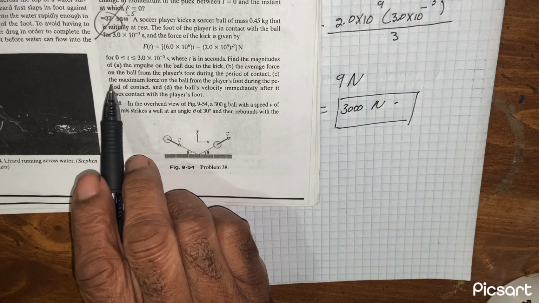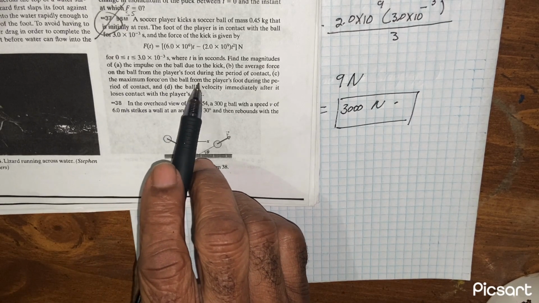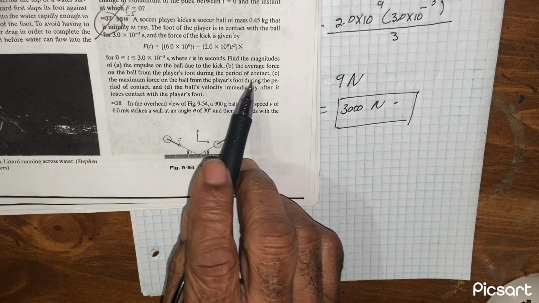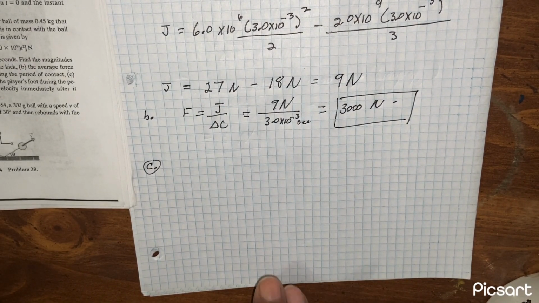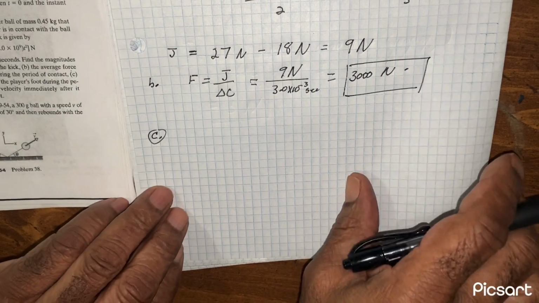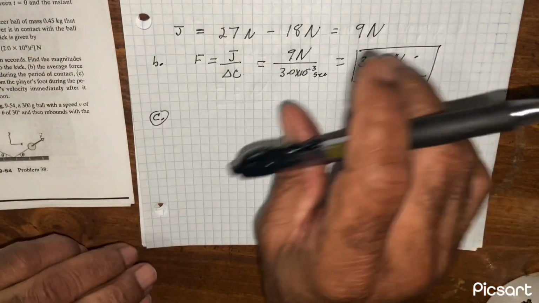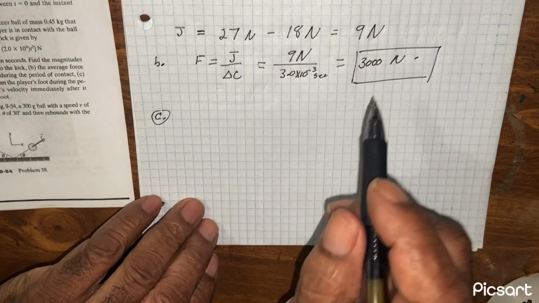C. The maximum force on the ball from the player's foot during the period of contact. So whenever you hear maximum force, you know you're going to have to do a derivative and set the derivative to 0.